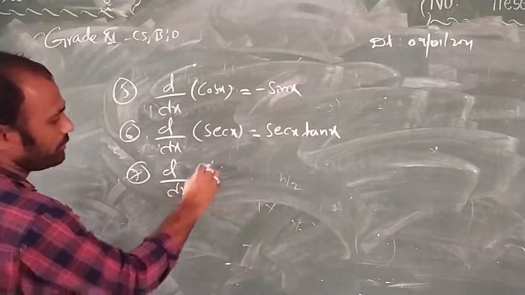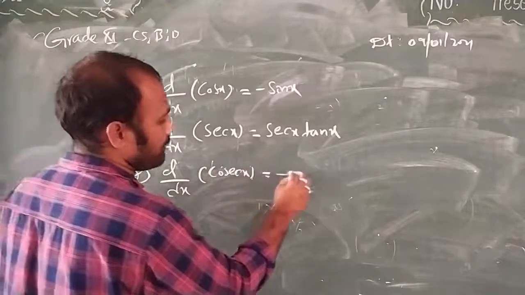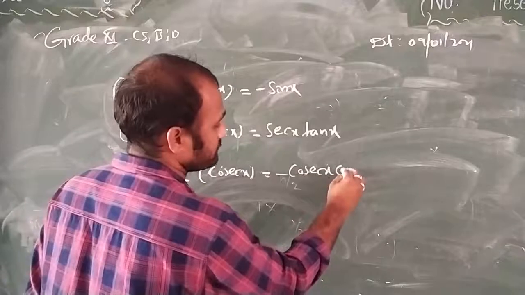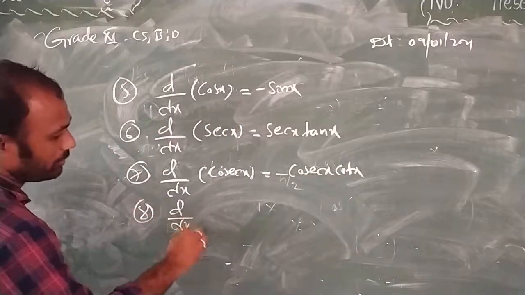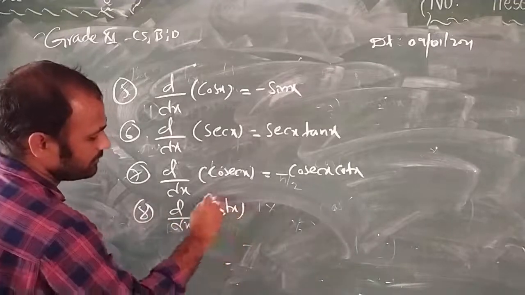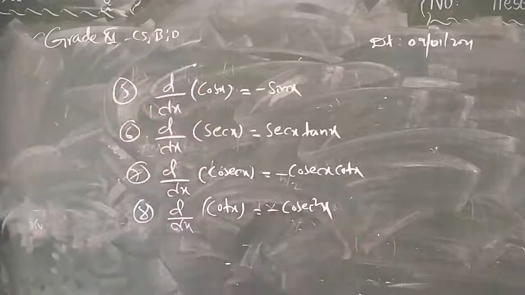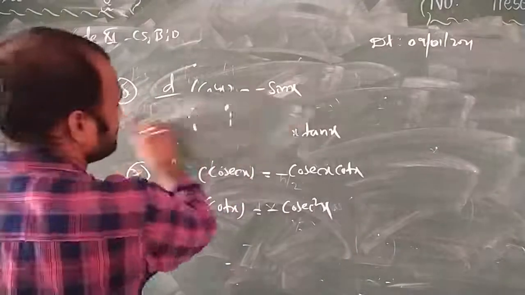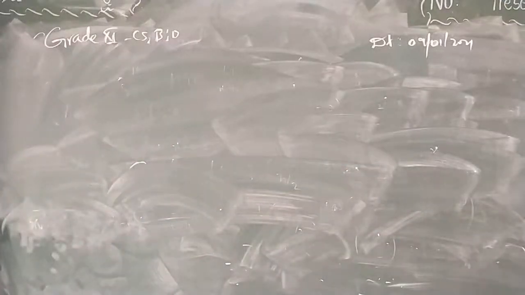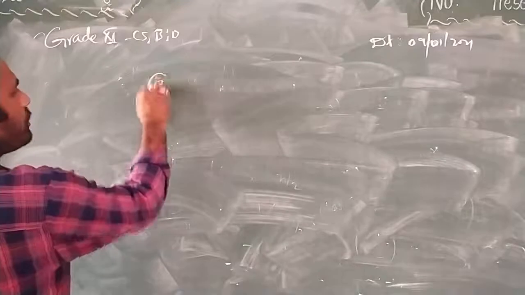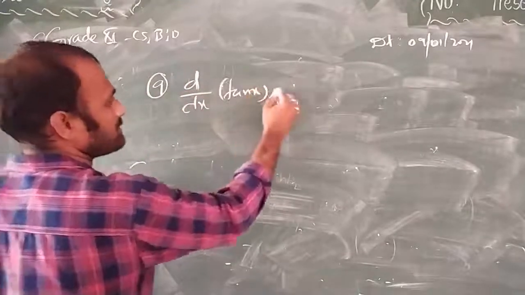Derivative of cosecant x is minus cosecant x cot x. Derivative of cot x is minus cosecant square x. Next, the 9th one: derivative of tan x is secant square x.